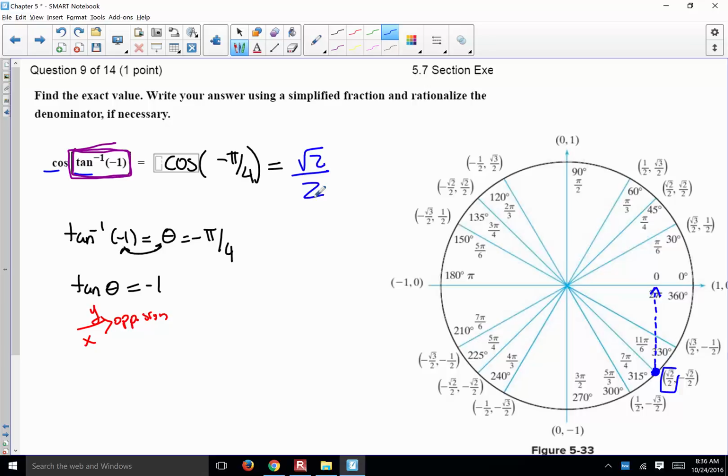Okay? Any questions? First, work inside. Find the angle, -pi/4, and now enter that -pi/4 into cosine, get √2/2.